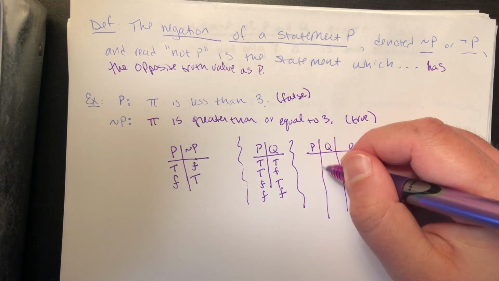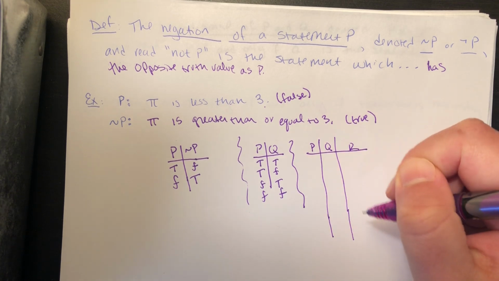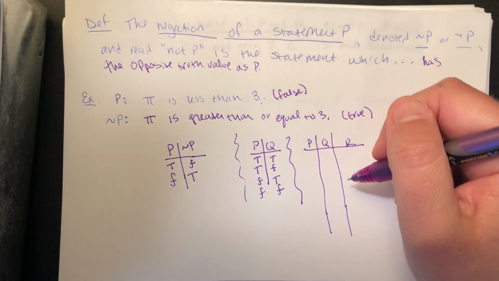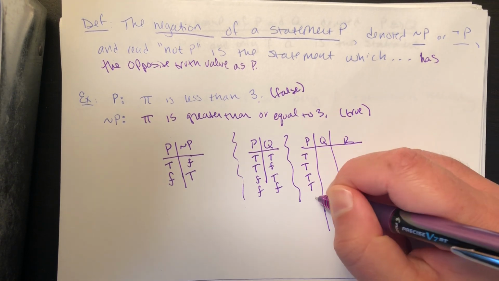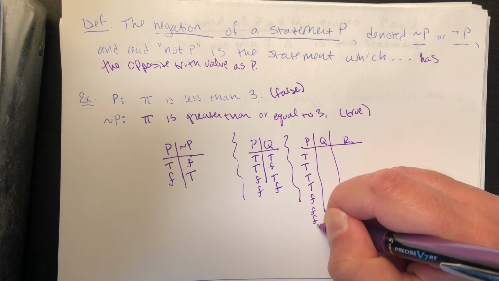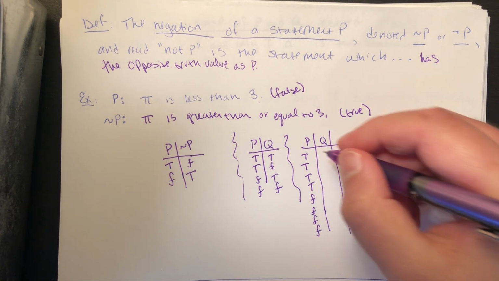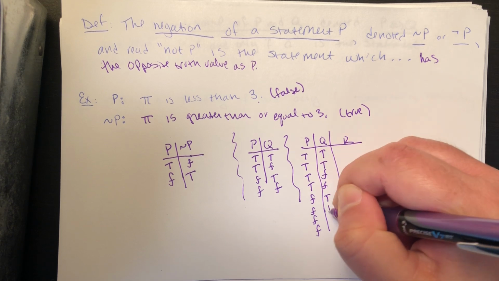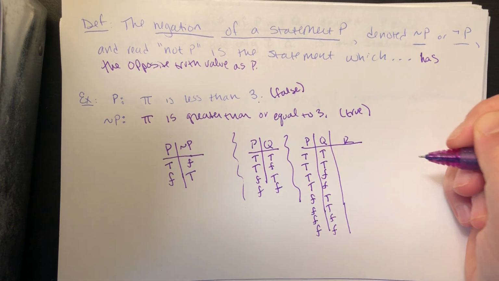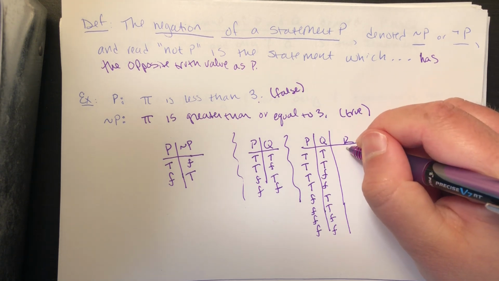And so if we needed to draw a truth table for this, it would be pretty complicated. It would have 8 rows. Right? So we would start off by doing true, true, true, true, false, false, false, false, under the P column. Then we would alternate true, true, false, false, true, true, false, false, under the second column. And under the third column, we would alternate every time.